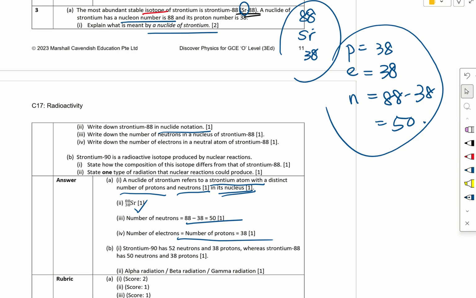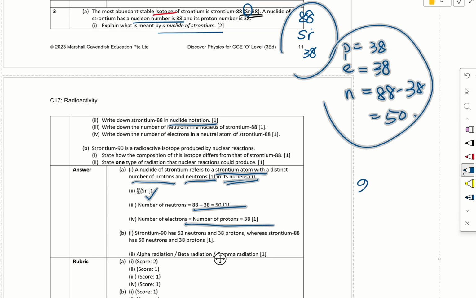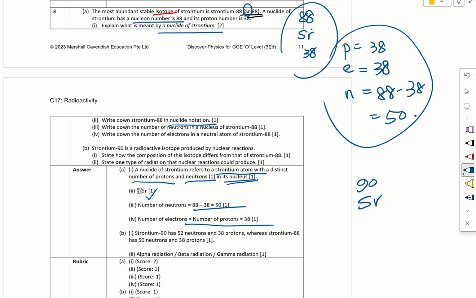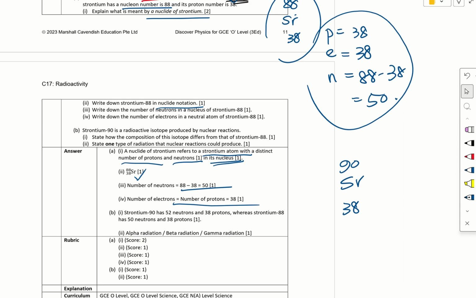Part B, part 1. Strontium-90 is a radioactive isotope produced by nuclear reactions. So that means I will have 90 with the strontium symbol. I still have the same number of protons, so P equals 38, E is 38, but N is actually 52.